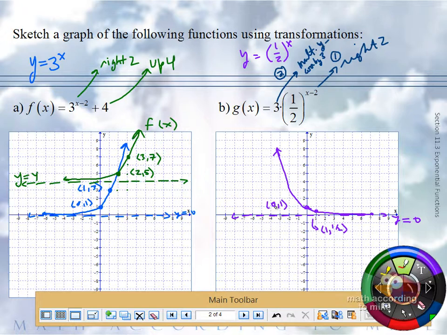So if we're at 0, 1, and I move right 2, I'm at 2, 1. And now if I multiply the y-coordinate by 3, what's my new point? 2, 3.